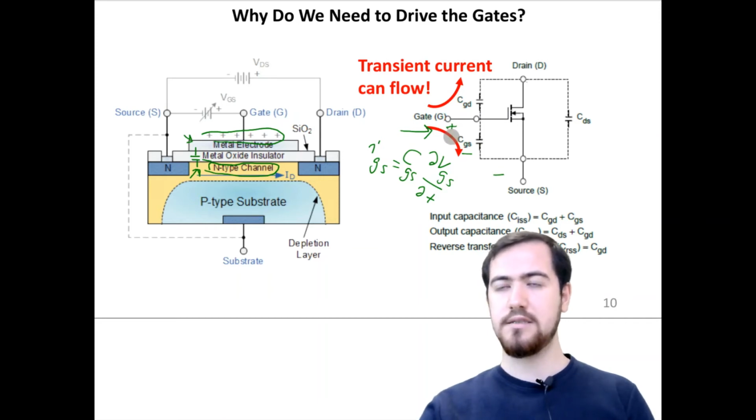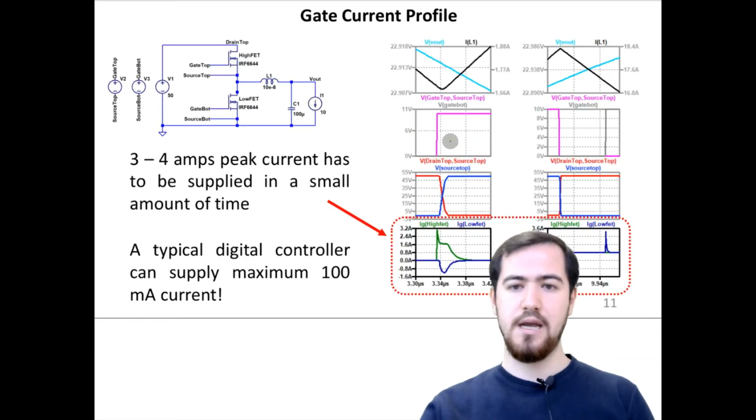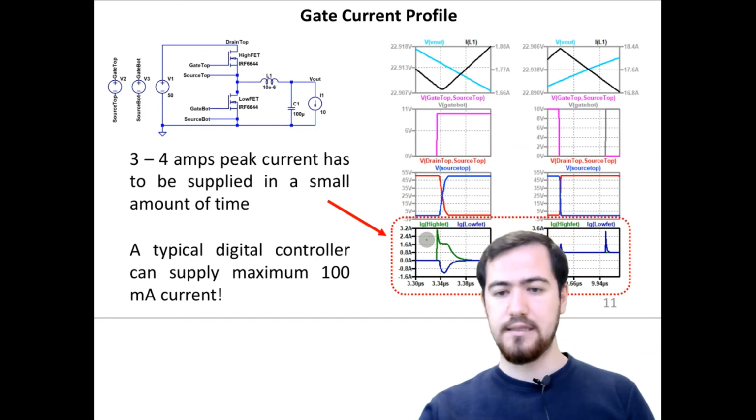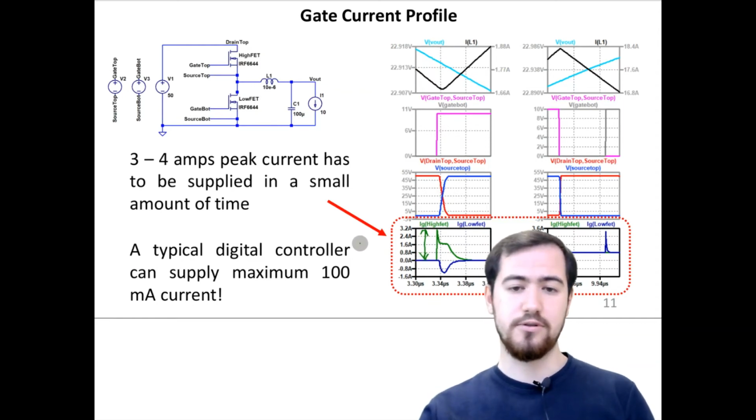It conducts current if it is AC and transient. We measured the gate currents for turn on and turn off moments, and it is seen that the gate either supplies or sinks current with amplitude of 3 amps, which can be considered quite high to be supplied by a microprocessor, microcontroller, or the Arduino, etc.